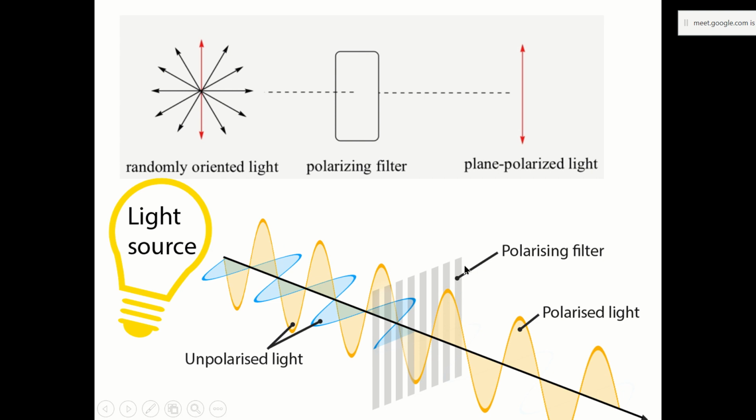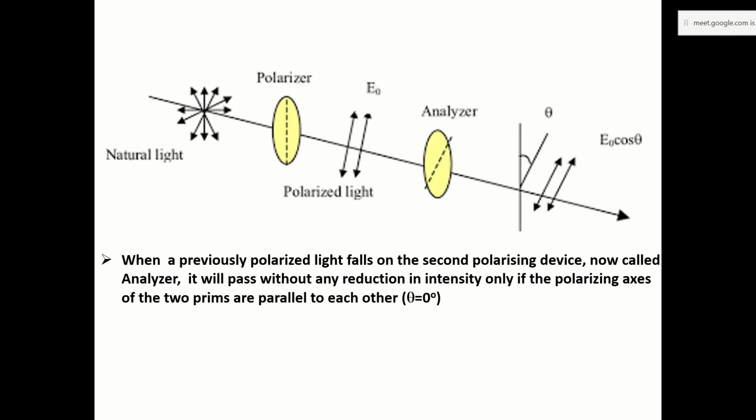So light source pass through polarizing filter, and earlier, for the sake of simplicity, only two directions have been shown here, blue and yellow. So इस डायरेक्शन में भी ऑसिलेशन हो रहा था ब्लू वाले में ऊपर नीचे, और येलो वाले में भी. तो जब फिल्टर से पास किया तो only the one that is having direction parallel to this polarizing filter के क्रिस्टल की एक्सिस के पैरेलल वो वाला रह गया, बाकी सारा एक्सक्लूड हो गया.